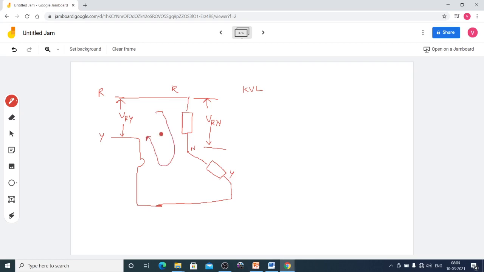Okay, we will get VRY equal to VRN, the drop across the R phase impedance, plus the drop across the Y phase impedance. Considering the same direction, the drop across this impedance is VNY.